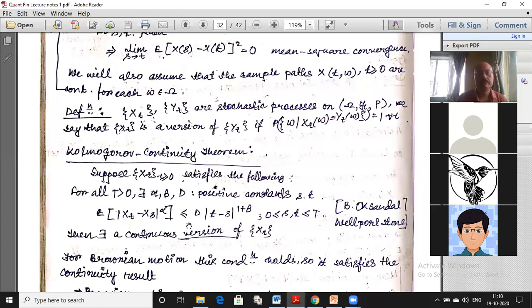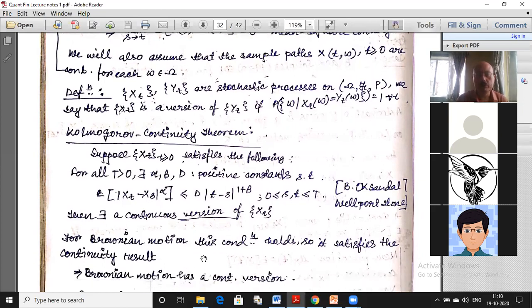And I claim that for Brownian motion, this condition holds. Can you tell me what is the corresponding alpha, beta, and capital D for Brownian motion?